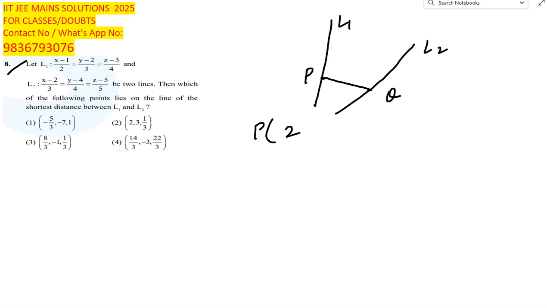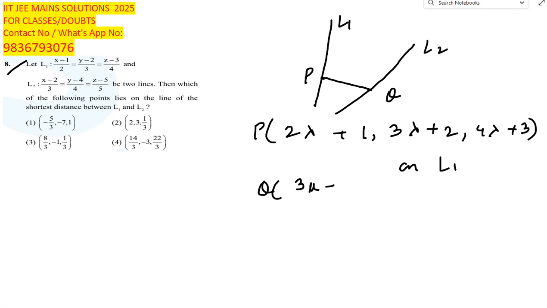So P, we are being given plus 1, 4 plus 2. That is on L1. Okay. And Q, 4, on L2.